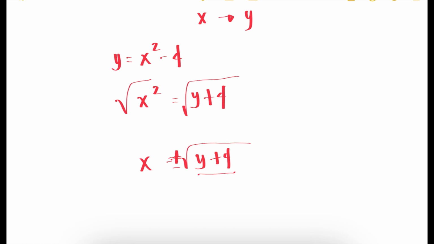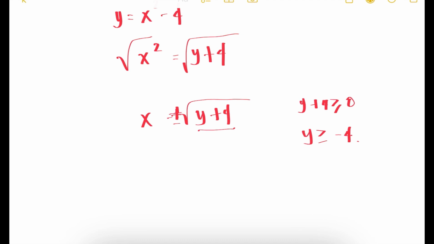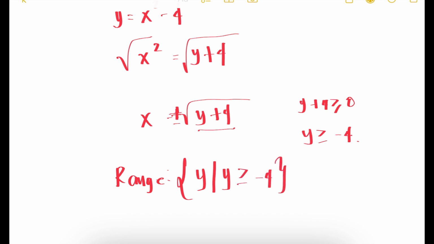That is why y plus 4 is greater than or equal to 0, which implies that y is greater than or equal to negative 4. And so, the range is all values of y such that y is greater than or equal to negative 4.